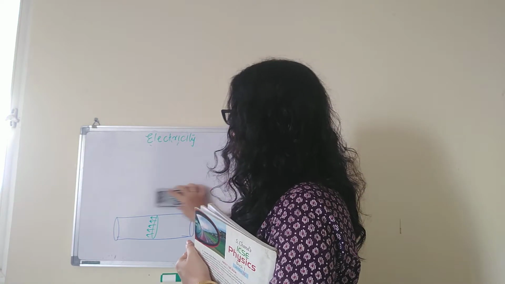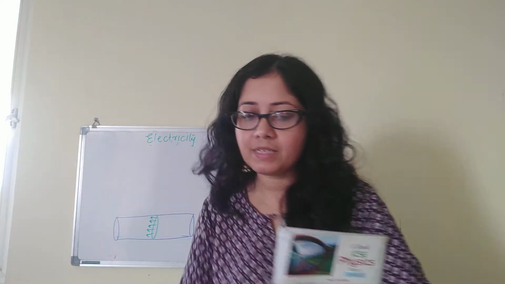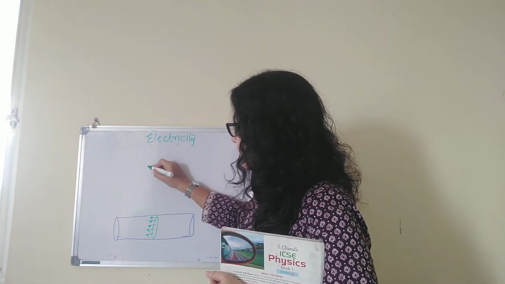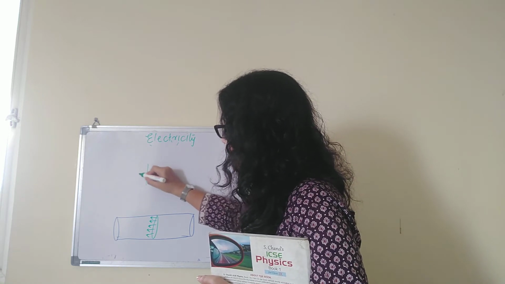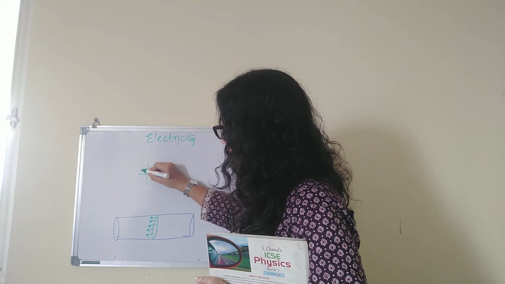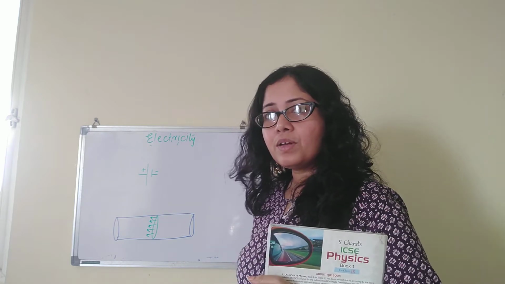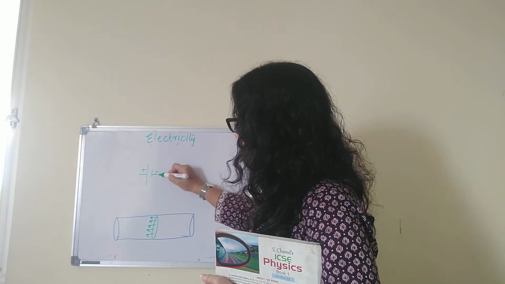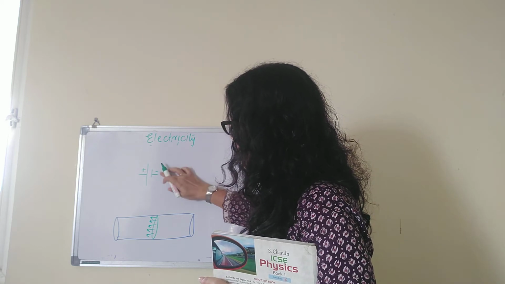And a number of cells together is called the battery. So whenever I am symbolically representing a cell, it should look like this. And if I have to make a number of cells together, then we will do it like this.